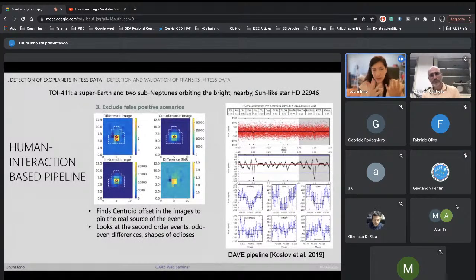do some typical operations on the full frame images and the light curves. For the full frame images, you can try to see if there is any offset in the centroid of the images to be sure that there are no other sources in the TESS images. And for the light curve, you can look at different ways of visualizing the events, looking at the second order events or odd-even differences, the shapes of the eclipses and so on.